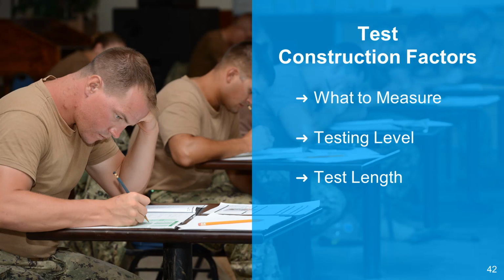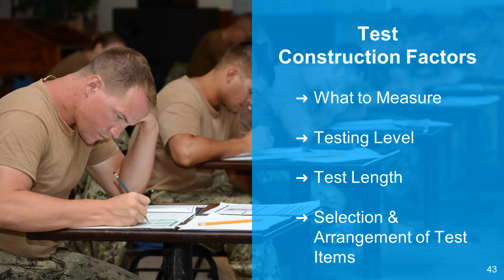Third, adequate coverage of the objective is the major factor in determining the length of test that is required. Longer tests are normally more reliable since they usually cover the material better. Fourth, selection and arrangement of test items. Select test items that cover the most essential and significant portions of the material.